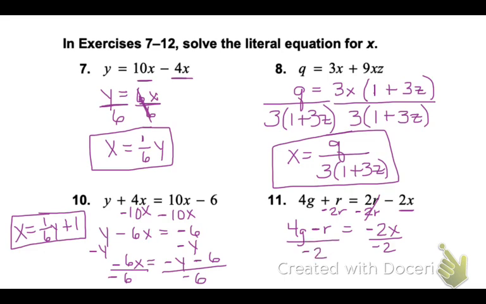So one thing we could do is factor out a negative in the numerator and factor out this negative in the denominator. So we would rewrite it to be negative 4g plus r over 2 is equal to x. And that's how we get rid of that negative in the denominator.